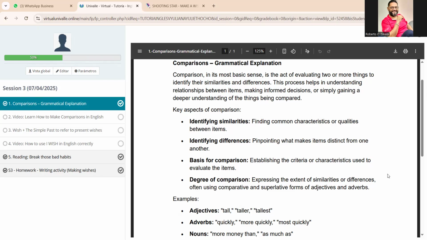Okay, so we're going to identify similarities, differences, and the reasons or the basis for comparison.